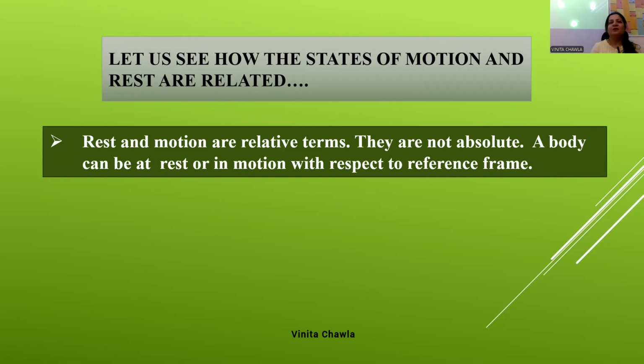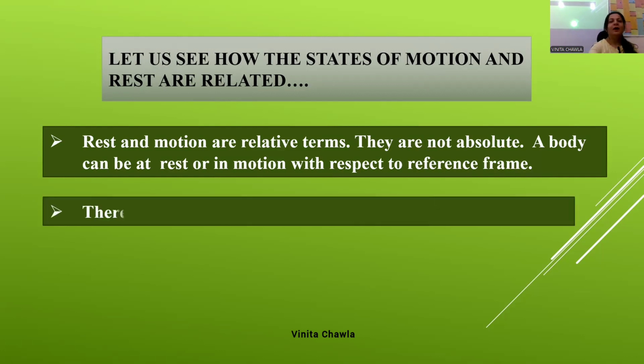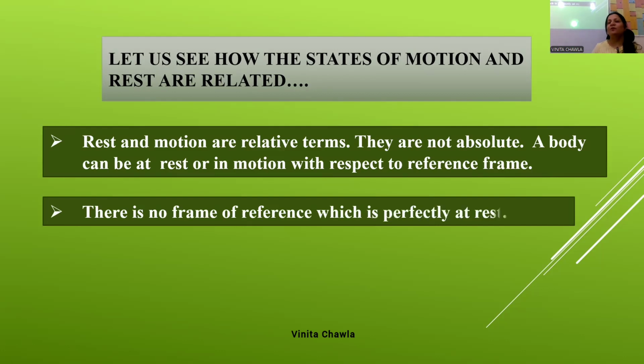So a body can be at rest or in motion with respect to frame of reference. A body can be at rest or in motion at the same time and it depends upon the frame of reference that we are choosing. And there is no frame of reference which is perfectly at rest. Okay.